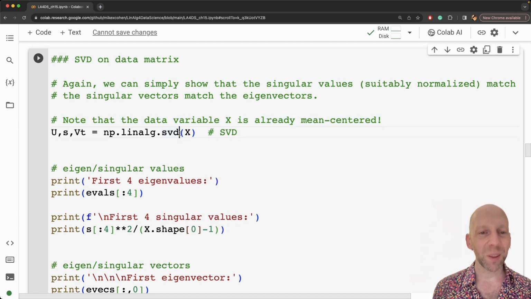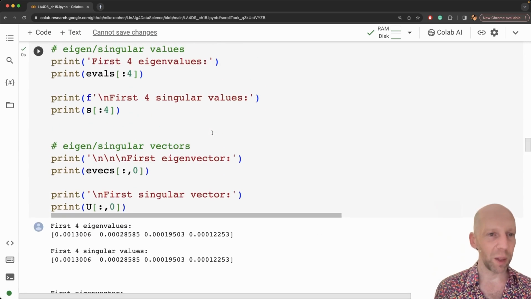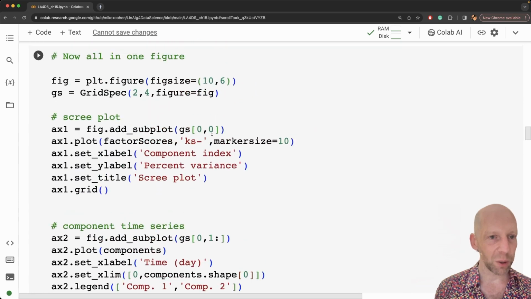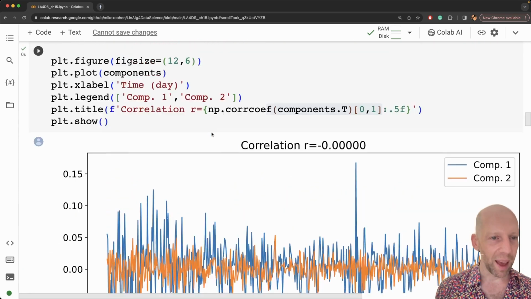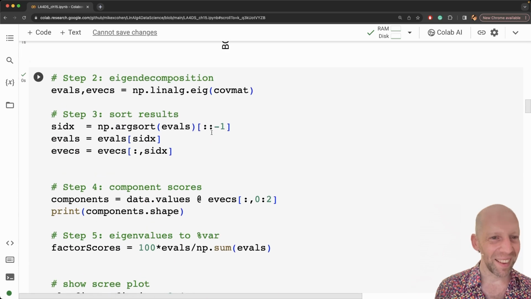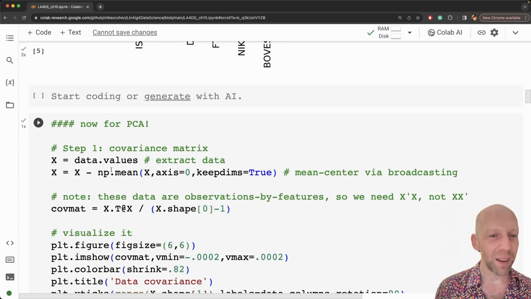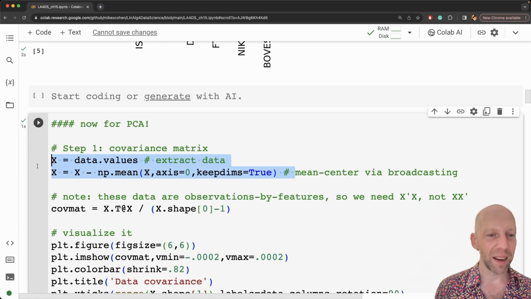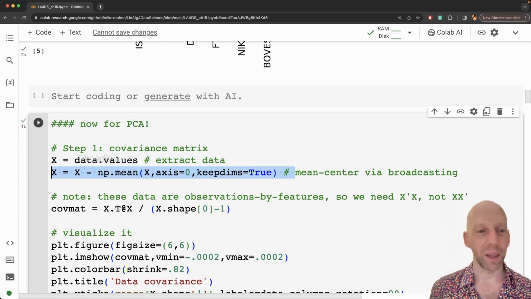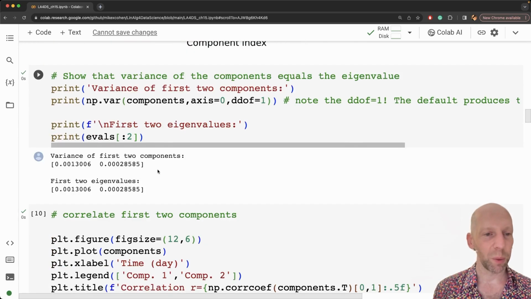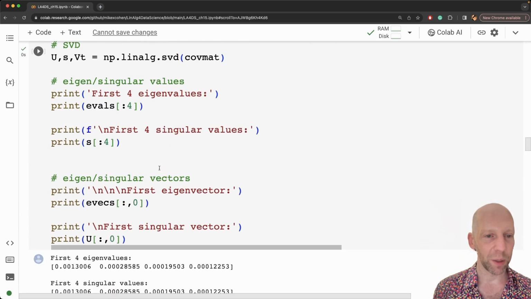Now here I'm not explicitly mean-centering the data matrix, but that's because I don't need to here, because if I scroll up to the previous exercise, I have already mean-centered these data over here. So if you didn't do this, if you were just using scikit-learn's PCA routine, then the data matrix would not be mean-centered, and then you would have to do that before computing the SVD on the data matrix.